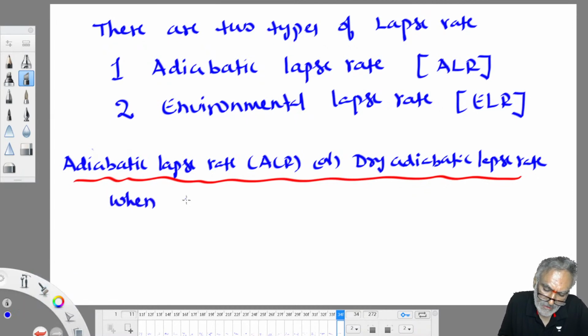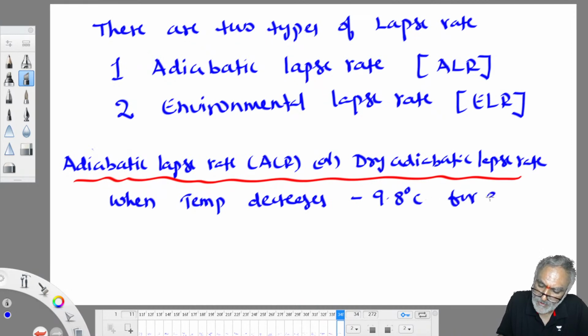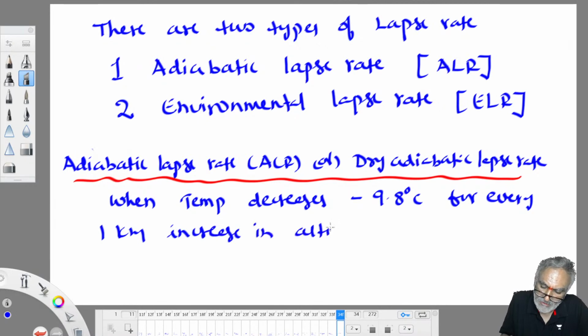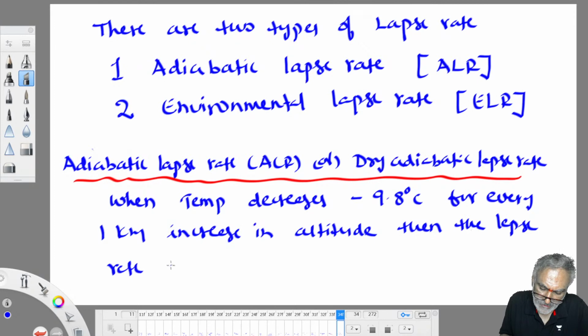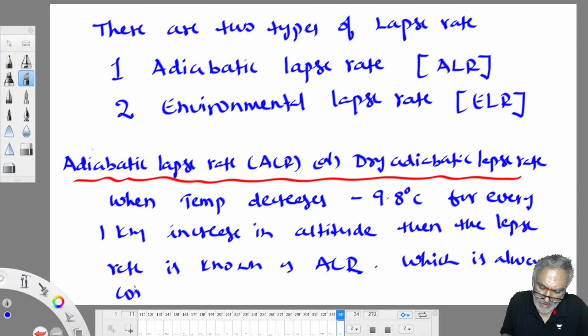So when temperature decreases by 9.8 degrees Celsius for every 1 kilometer increase in altitude, then the lapse rate is known as adiabatic lapse rate, which always remains constant, it doesn't change.